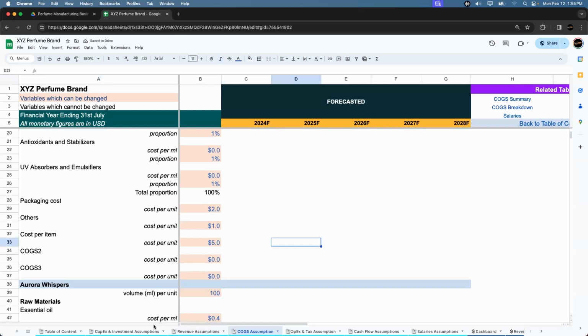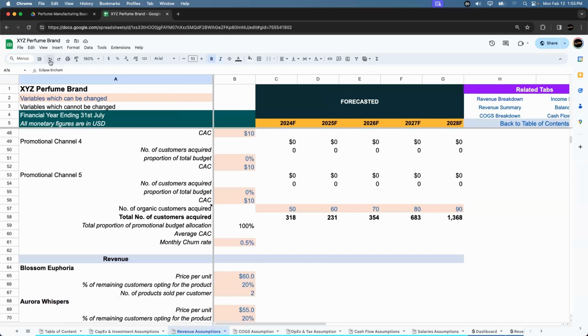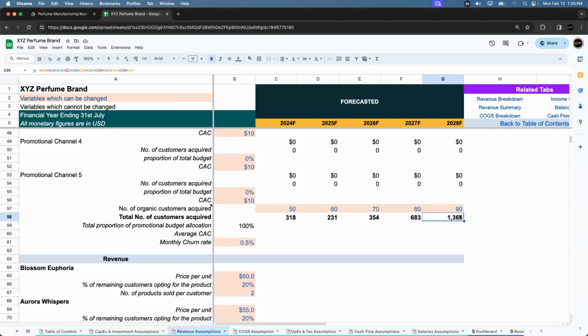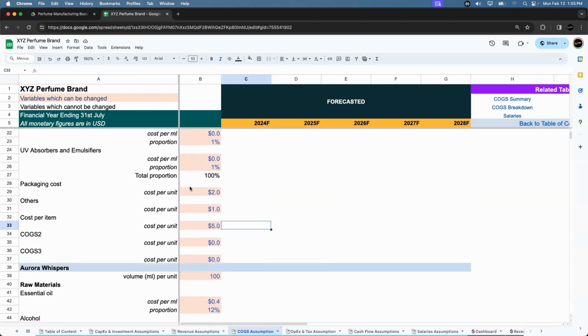Now look at the revenue assumptions at this moment. It has significantly improved. Earlier, before doing this, it wasn't so positive. So after reducing the cost, it has become significantly positive. So it totally depends on the pricing and the cost.